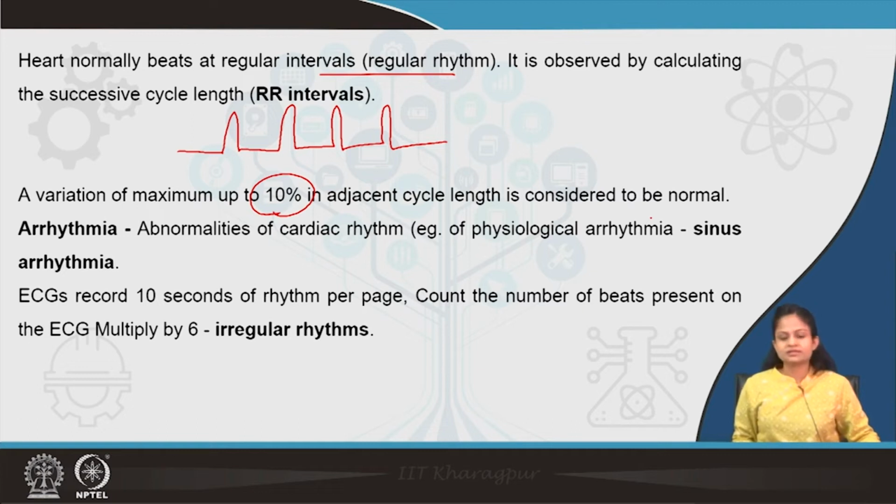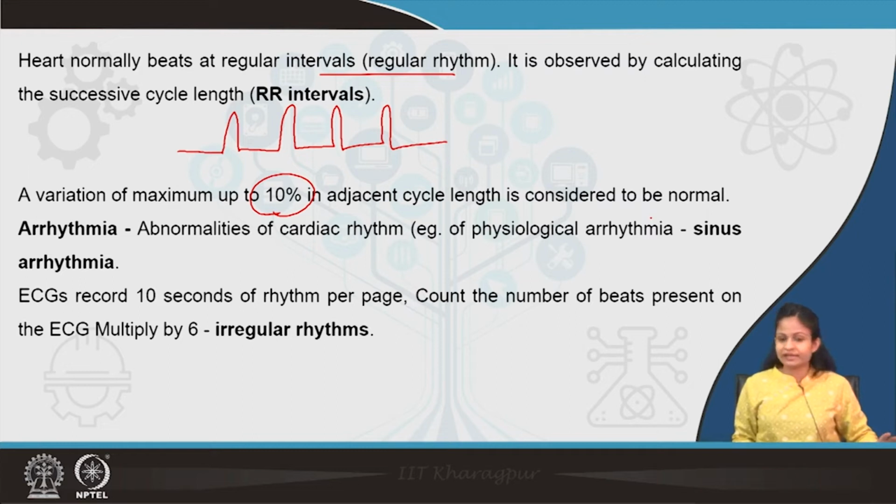because in case of physiological arrhythmia or sinus arrhythmia, whenever we inspire or take a deep breath, our heart rate increases, while during expiration our heart rate decreases. It is a normal physiological phenomenon. So, it accounts for around 10% of the changes in the rhythm, but that is acceptable.